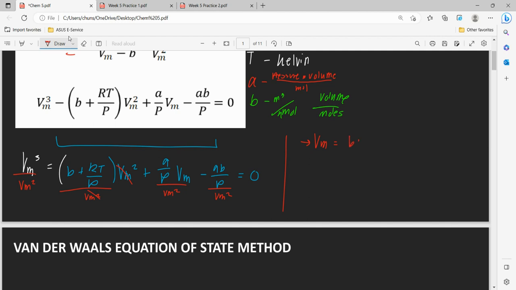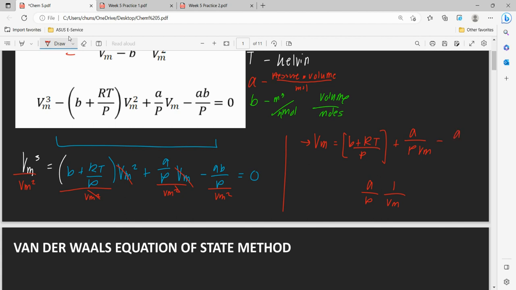So this is just B plus RT over P. That's our one term. Plus, this is going to cancel. That's going to reduce. So you can write this as A over P times Vm.